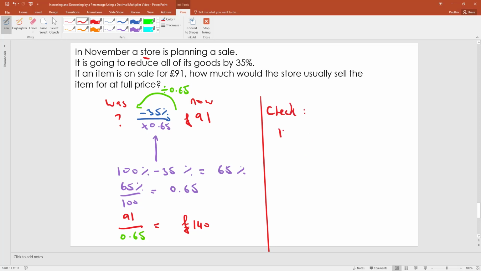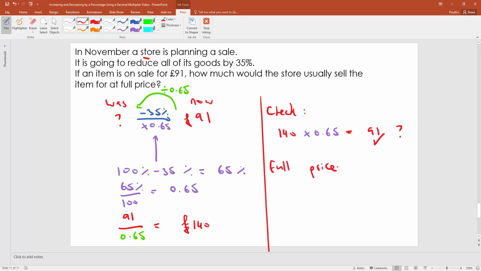Check. Is 140 times 0.65 91? Let's try. 140 times 0.65. Yes, sir, it works. So the full price is going to be 140.